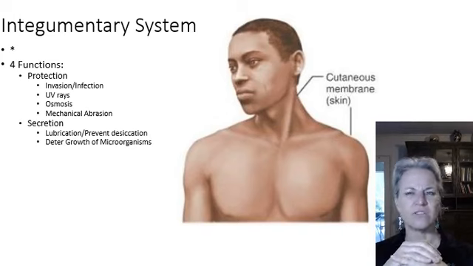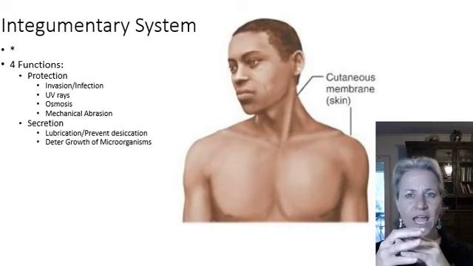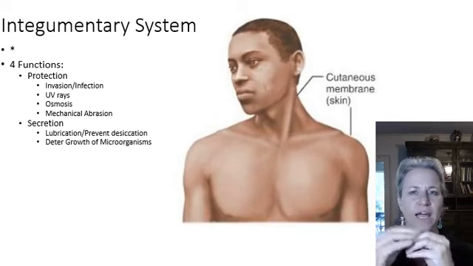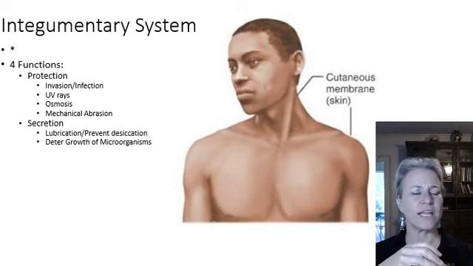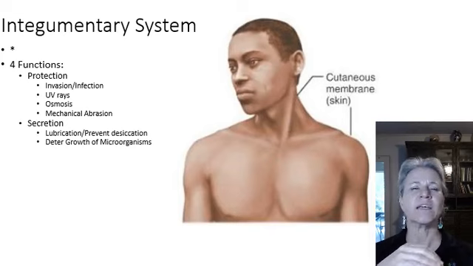It's just too salty. And in the sweat, there's immunoglobulin A. It's like an antibody that fights microorganisms. And the oil has a substance that's sort of like an antibiotic and helps prevent the growth of microorganisms.